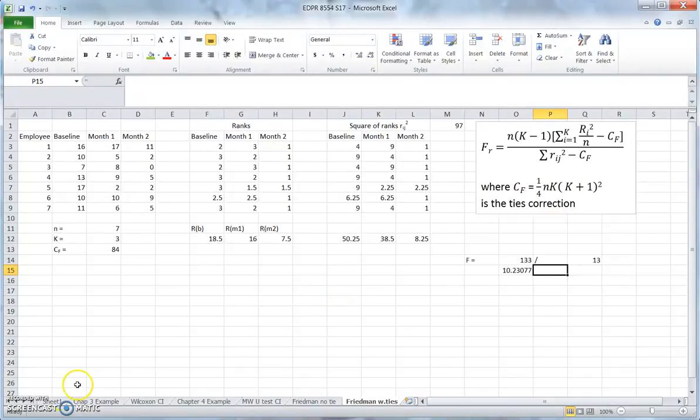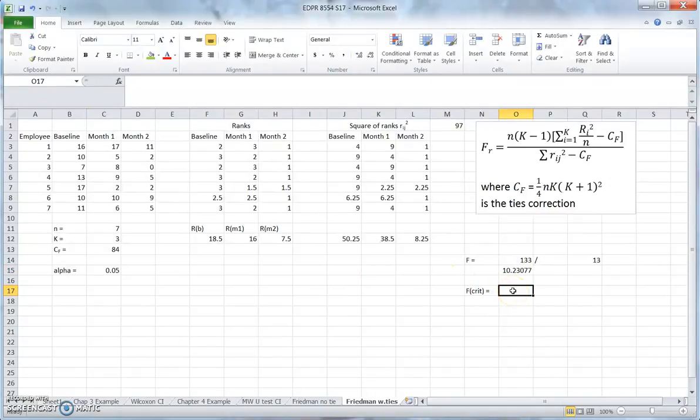You can decide whether to reject your null hypothesis by comparing your F observed with F critical. The critical value in this case is available in Table B.5 at the end of the book. You need to use N, which is 7, K is 3, and alpha equals 0.05 for the critical value.